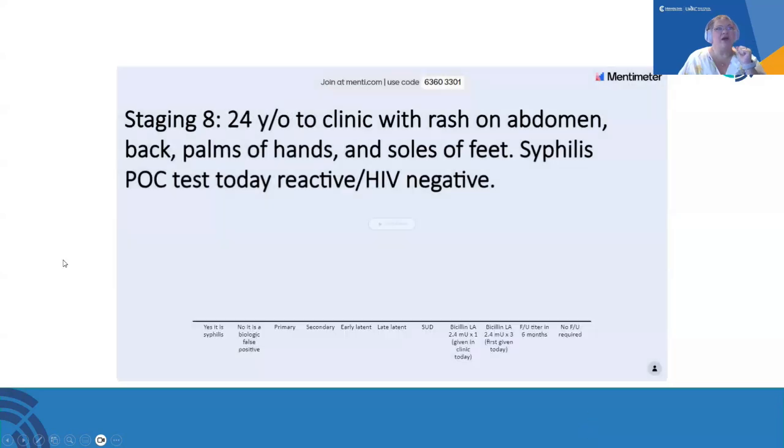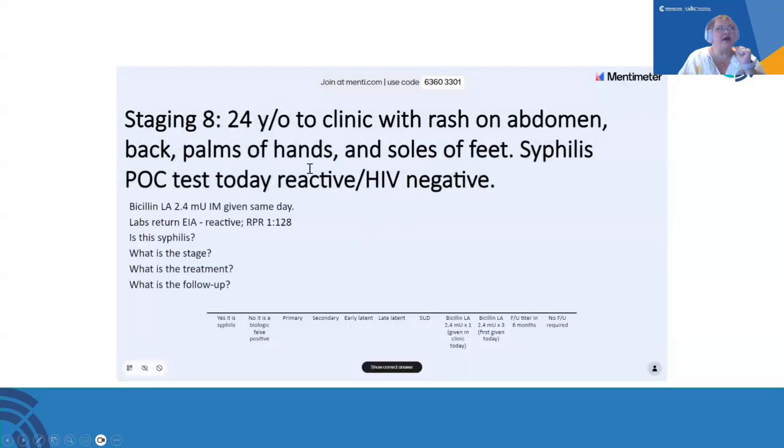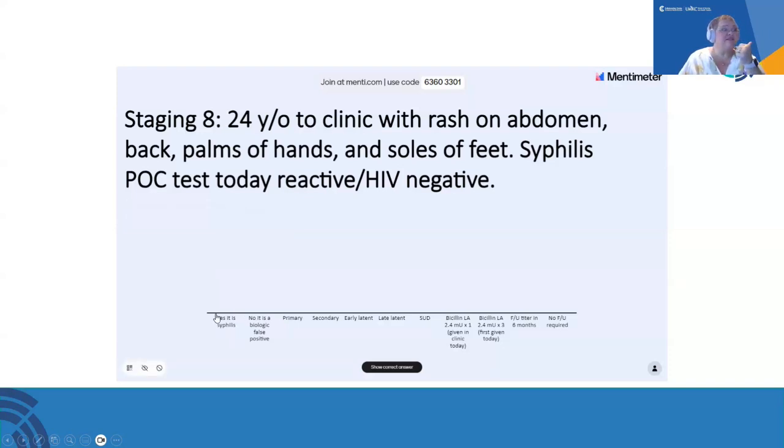Here is a rash on the abdomen, back, palms, and soles. Point of care is reactive. HIV is negative. So we're going to give the bicillin today. We're going to send off the labs. And when the labs come back, it says reactive 1 to 128. Is this syphilis? Yes or no? Yes, it's syphilis.